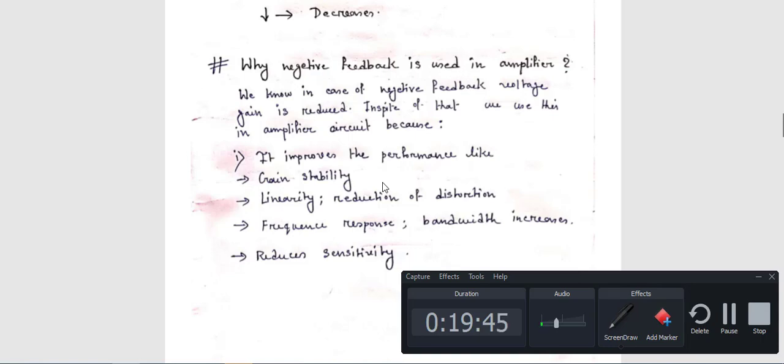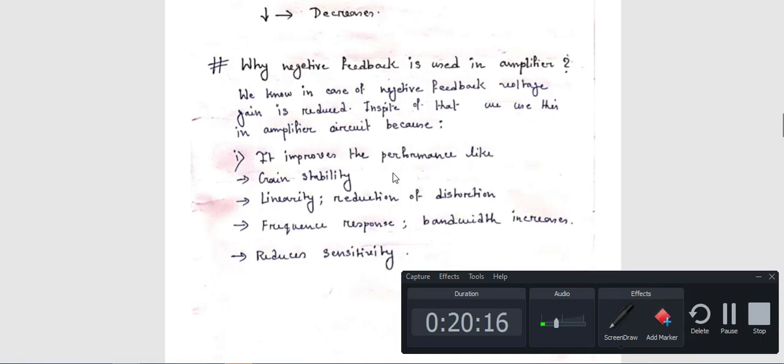If you have any circuit where the values are always fluctuating or unstable, you cannot measure the value. That's why if in your amplifier circuit you use negative feedback, your values become stable. That's why it is called that in a negative feedback amplifier, gain stability increases.